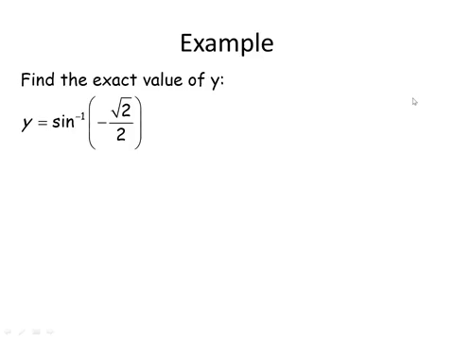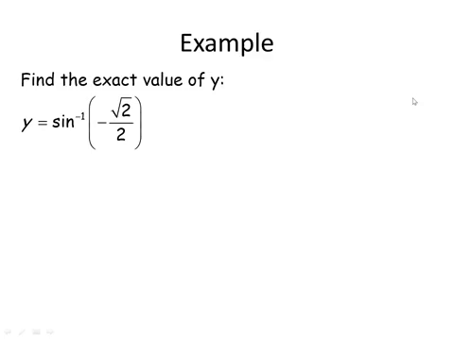Now, with these, you kind of sort of need to know your way around your right triangles. Okay? Negative radical 2 over 2. Which triangle is radical 2 always dealing with? Your 45, 45, 90. So you know that's going to be in there somewhere.